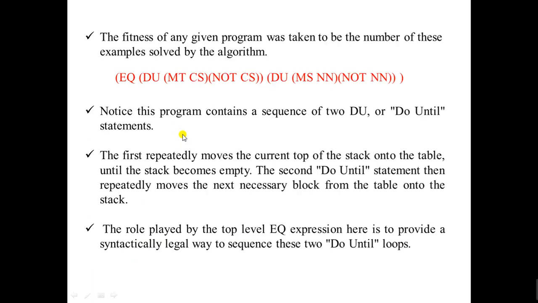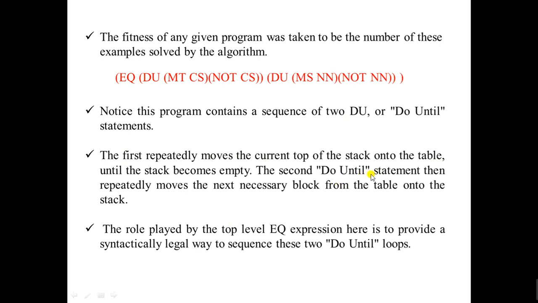Right? So based on this, to arrange the word universal in this structure, we need to write the algorithm in this format. Notice this program contains a sequence of two DU, or do until, statements. The first one repeatedly moves the current top of the stack onto the table until the stack becomes empty.